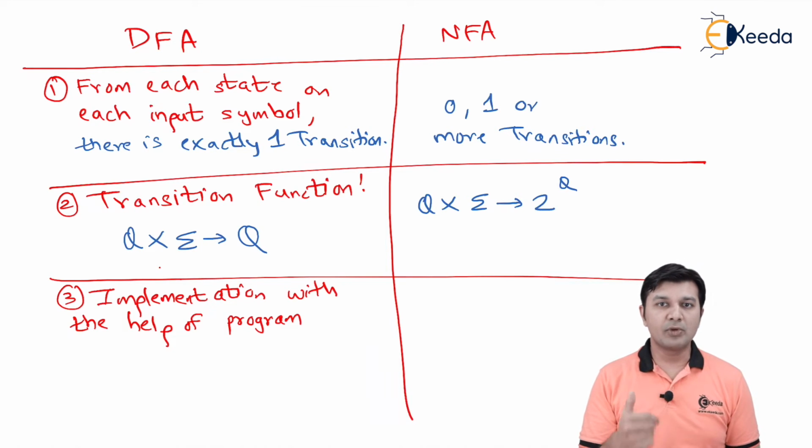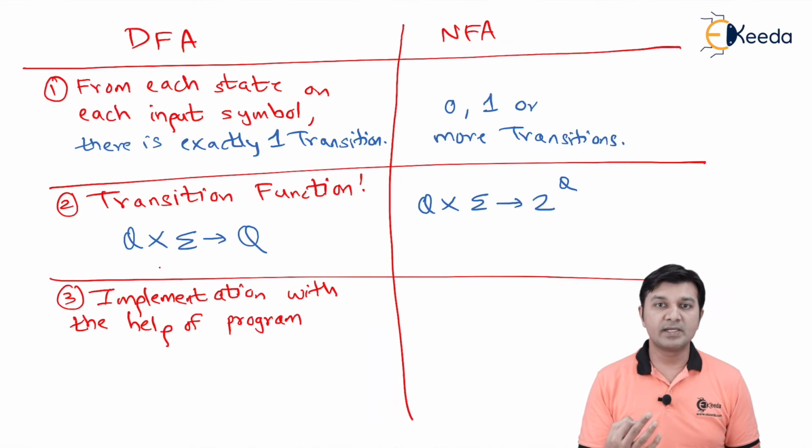So in NFA we know that there can be 0, 1 or more outputs. If I count the total number of outputs that is possible for a given NFA, they are always going to be in the power of 2. That is, if I have 2 states, the possible number of outcomes is 2 raised to 2.